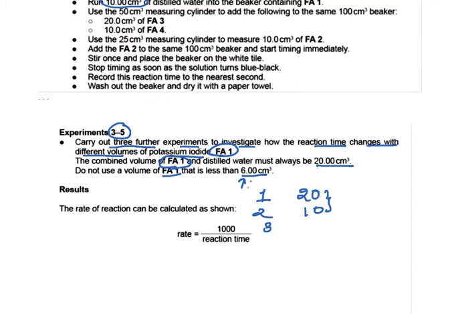If we go a little below, the time may be very small and the error may be more, so percentage error increases if the time is too small. So I prefer to choose the further 3 readings between 20 centimeter cube and 10 centimeter cube. And then here is the formula given for rate of reaction: rate is equal to 1000 divided by the reaction time.